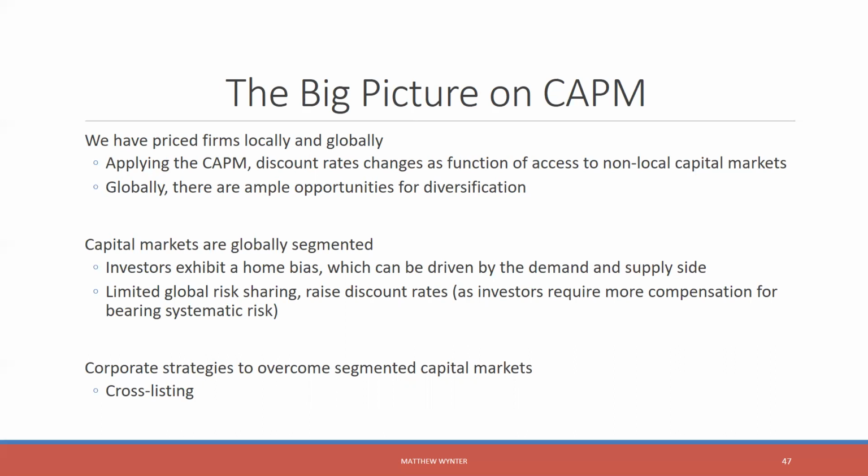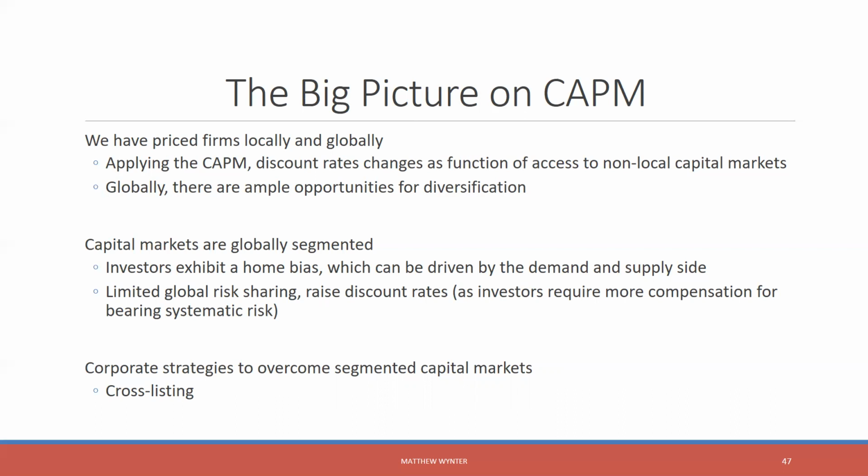Okay, we said this home bias, this limited global risk sharing, raises discount rates as investors require more compensation for bearing more systematic risk. And we saw that in countries with higher levels of home bias, there's a higher implied cost of capital.